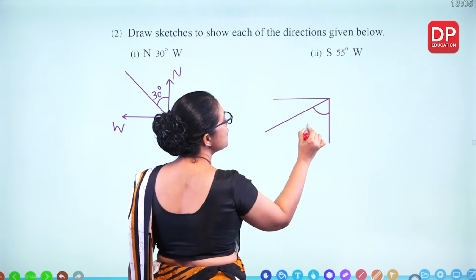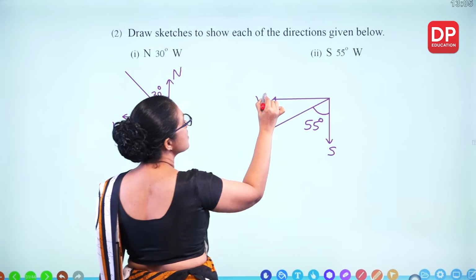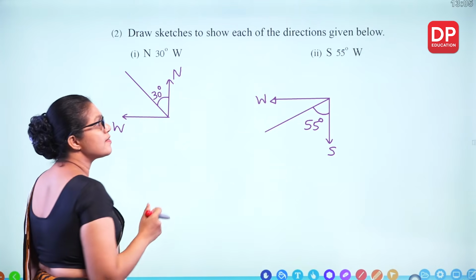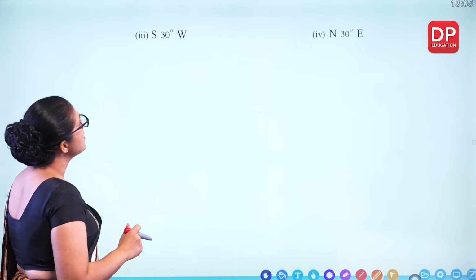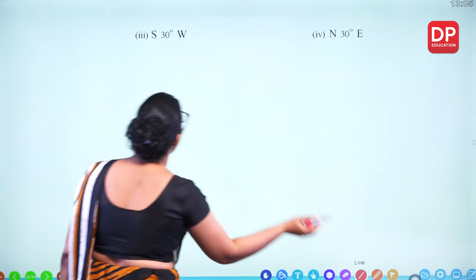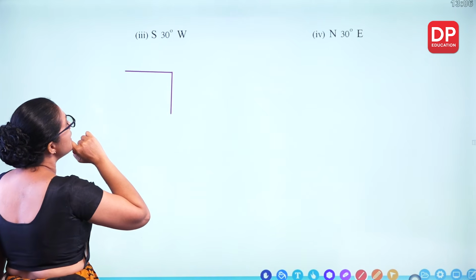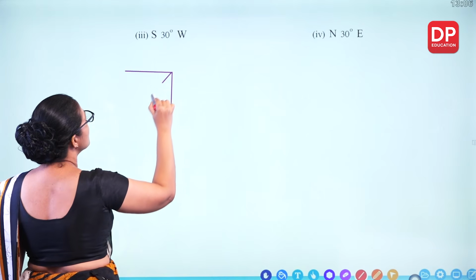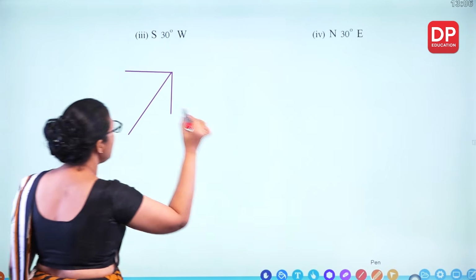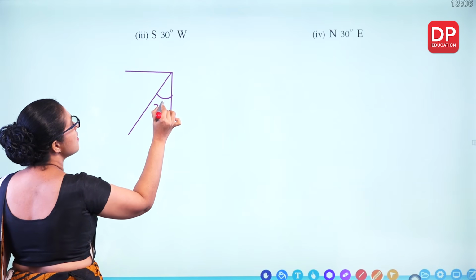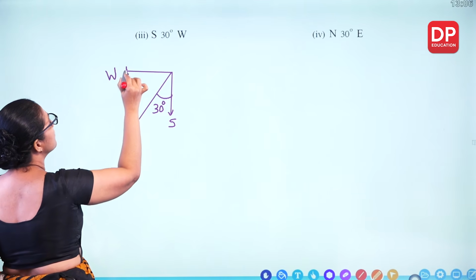So here this is 55 degrees. This is south, this is west. From south 55 degrees towards west. S30W. That means south and west. 30 degrees from south. So I can draw something like this and mark the angle. This is 30 degrees from south towards west.